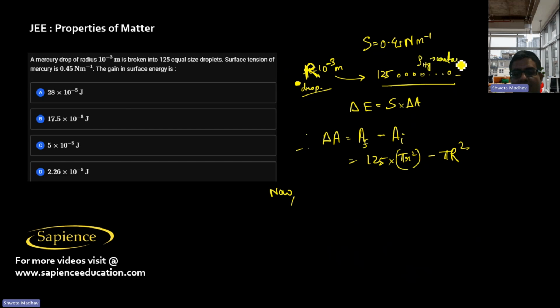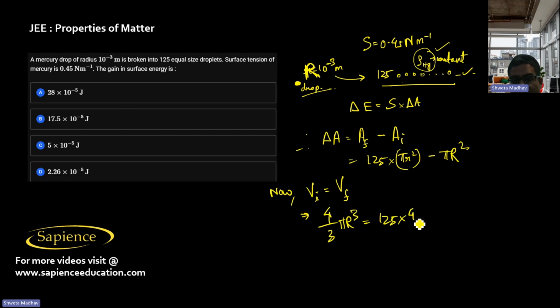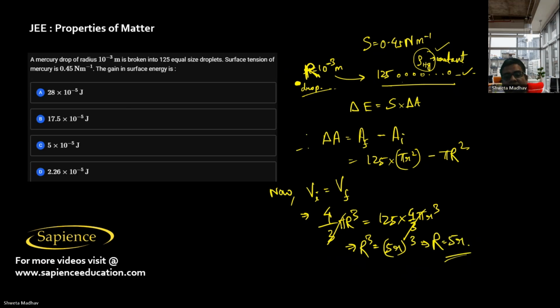So the initial volume should be the same as the final volume. Initial volume is 4 by 3 pi R cube, and final volume is 125 into 4 by 3 pi small r cube. The 4 by 3 pi will cancel, so R cube is equal to 5r whole cube. Therefore R is equal to 5r.